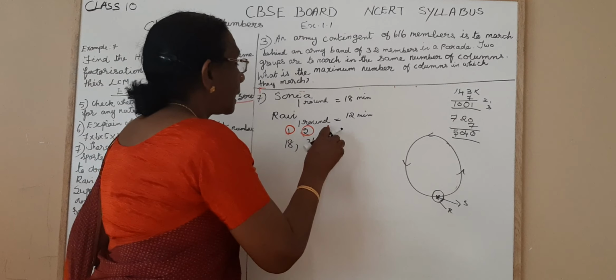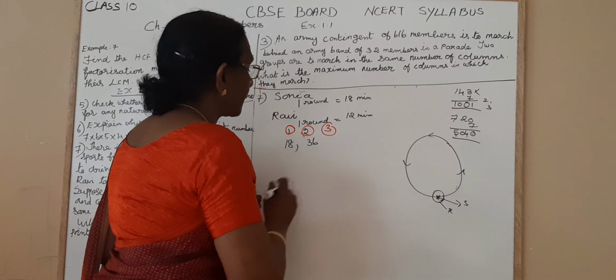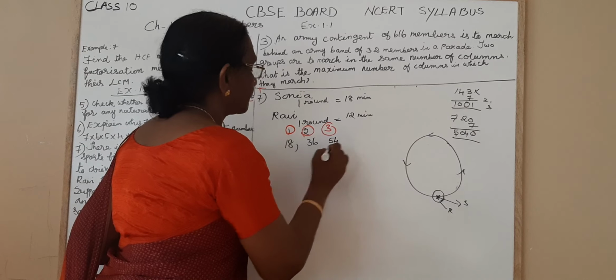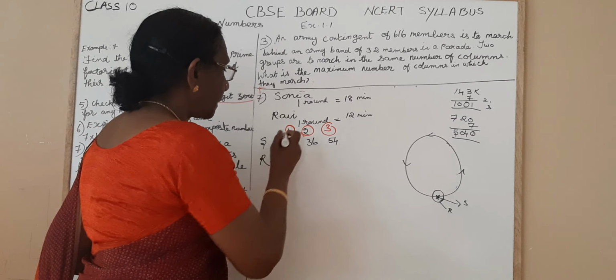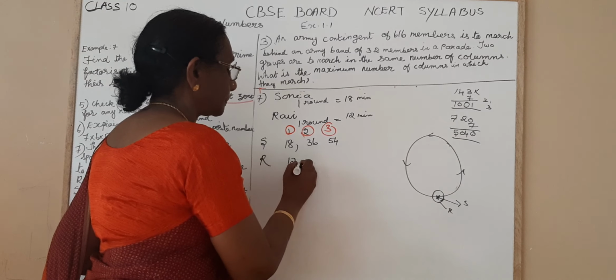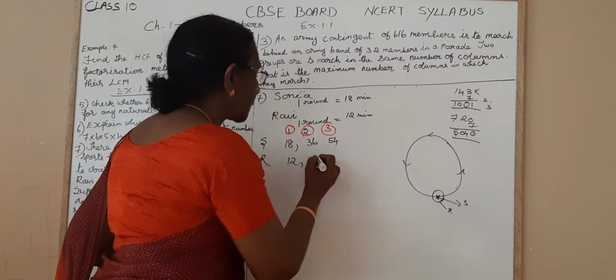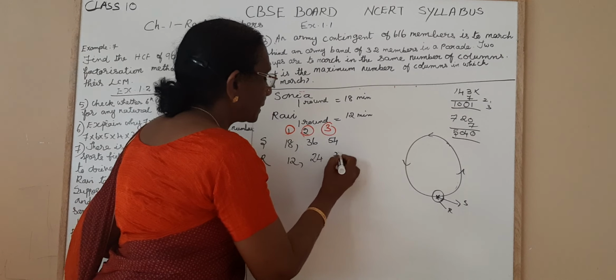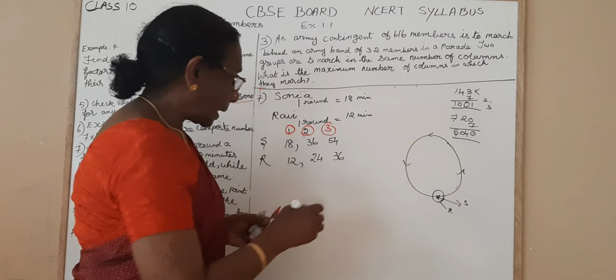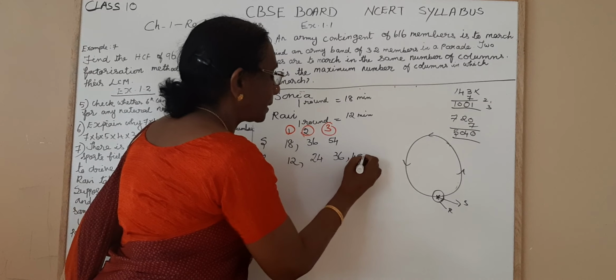And for going 3 rounds, she will take 54 minutes. This is Sonia. And Ravi, for completing one round, 12 minutes. And completing 2 rounds, 24 minutes. For completing 3 rounds, 36 minutes. Now, completing 4 rounds, 48.